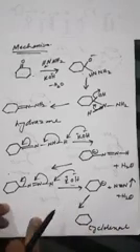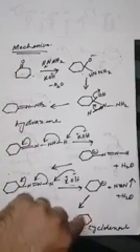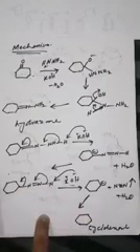This is cyclohexane. So in the start you had C double bond O. Now the C double bond O has been reduced into CH2, in the form of a methylene group.